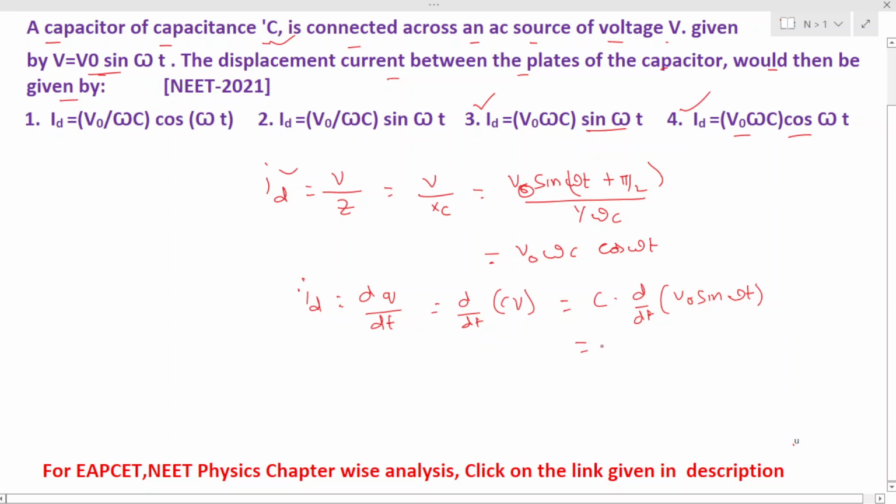This V naught will come outside. V naught into d by dt of sin omega t will be cos omega t into omega. So omega C, that omega will come outside. That is V naught omega C into cos omega t. So the answer is V naught omega C into cos omega t.